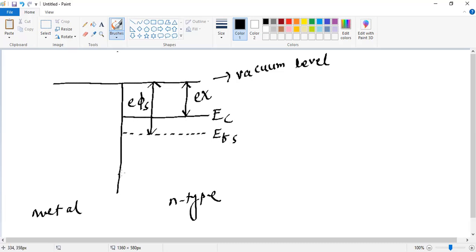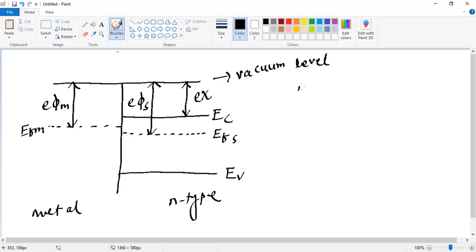Then we have the valence band of the semiconductor. And the Fermi energy level of the metal is defined here. So the metal work function we can write as e phi m. This is the Fermi energy level of the metal.